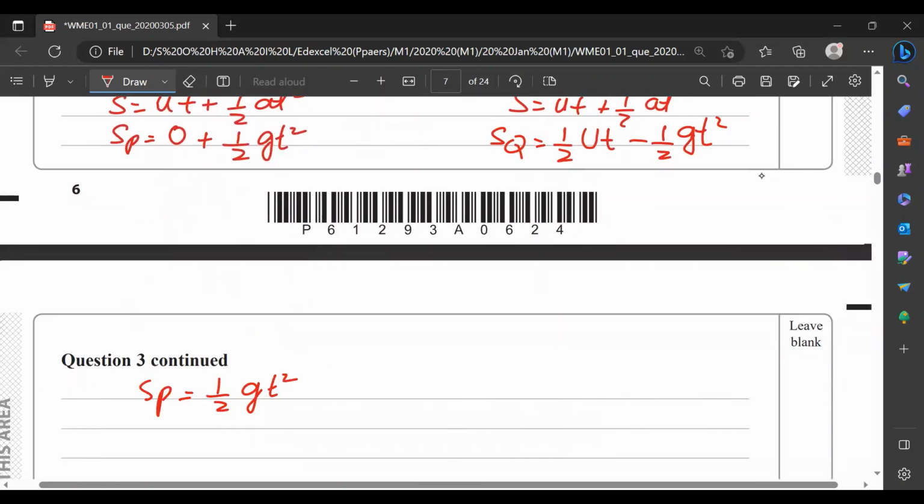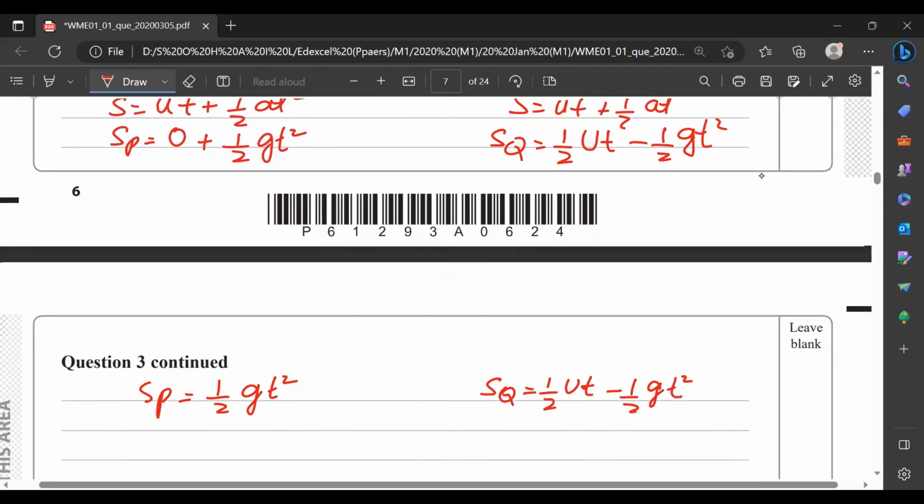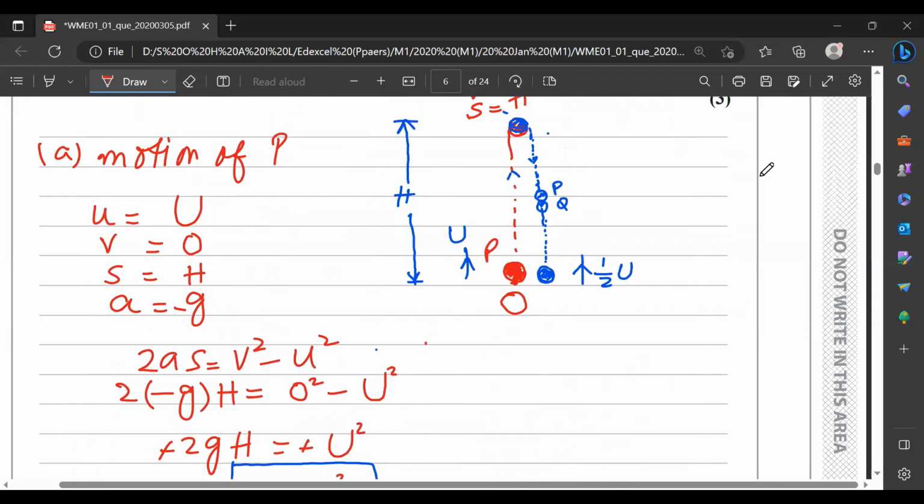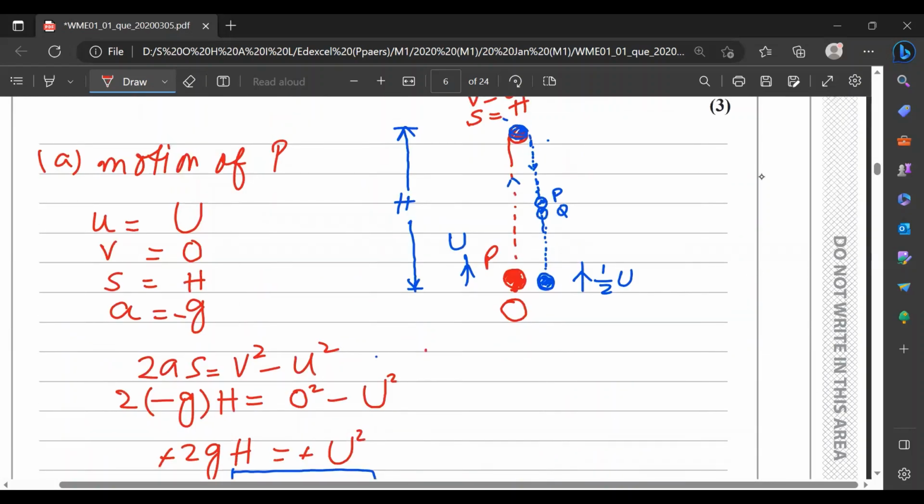So yes, we have SP and SQ both there. Now, listen. This is the distance traveled by P, and this is the distance traveled by Q.